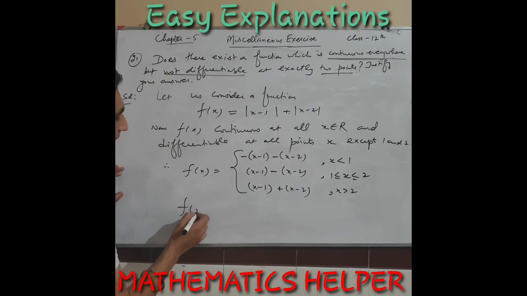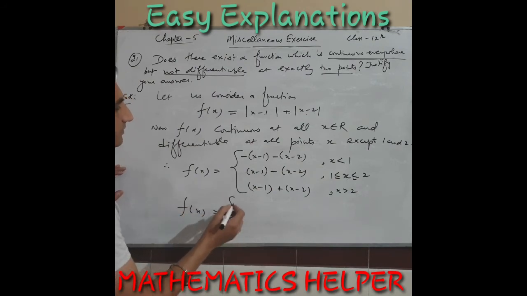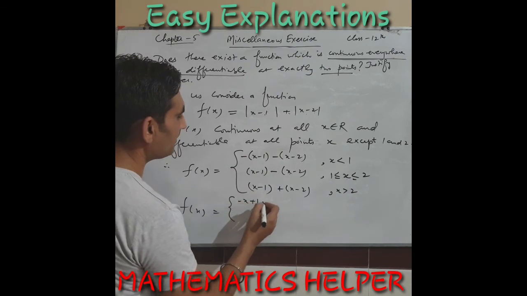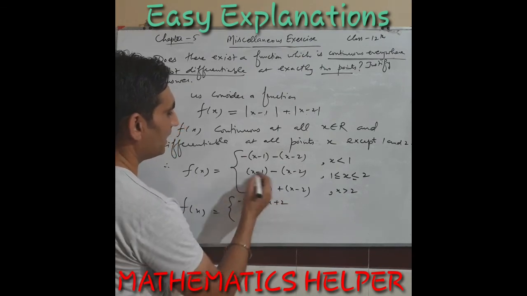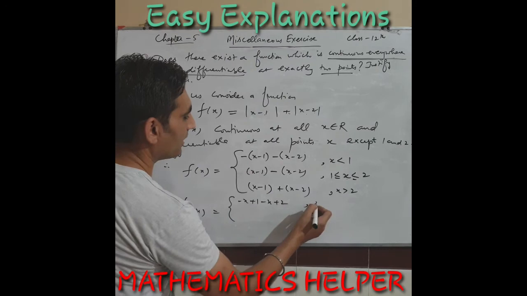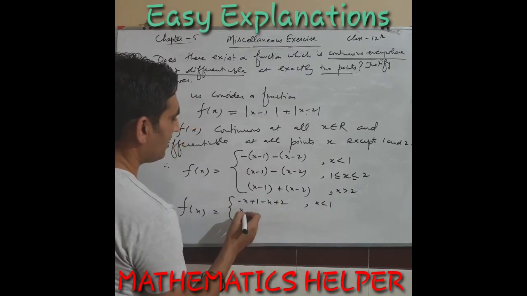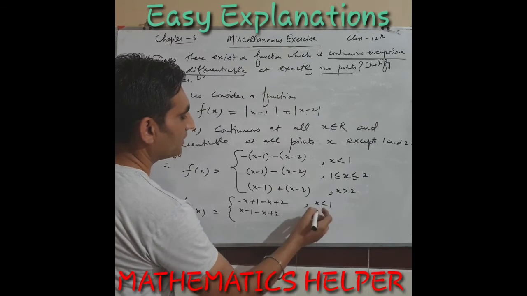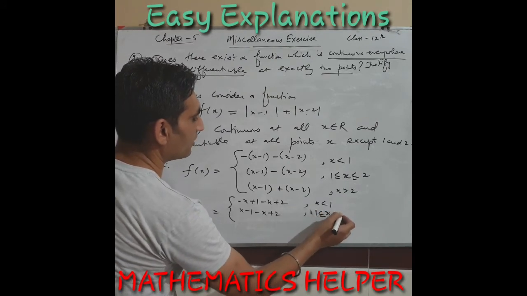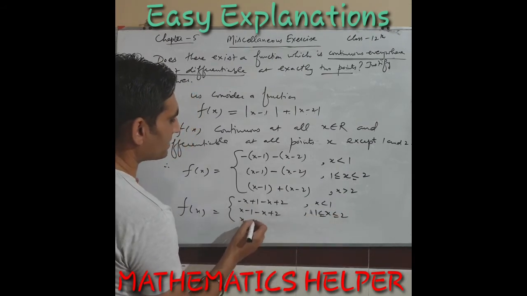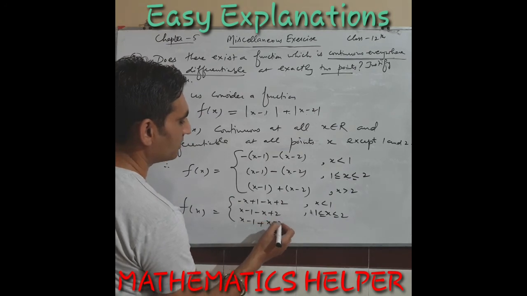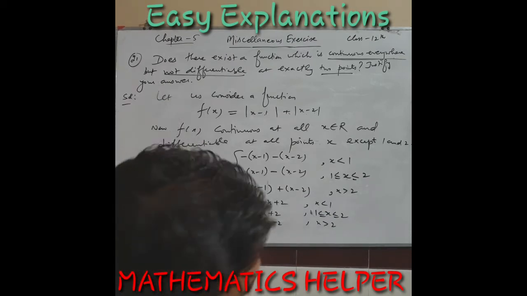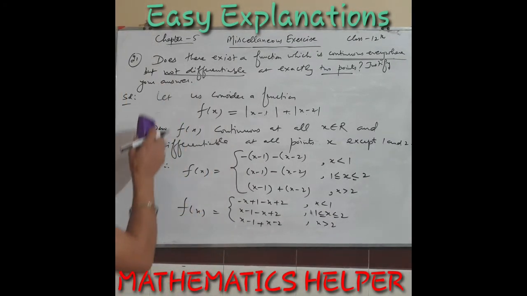Just write this again by solving it: -x + 1 - x + 2 for x less than 1, x - 1 - x + 2 for 1 ≤ x ≤ 2, and last, x - 1 + x - 2 for x greater than 2. So we have to write this in a proper way now.